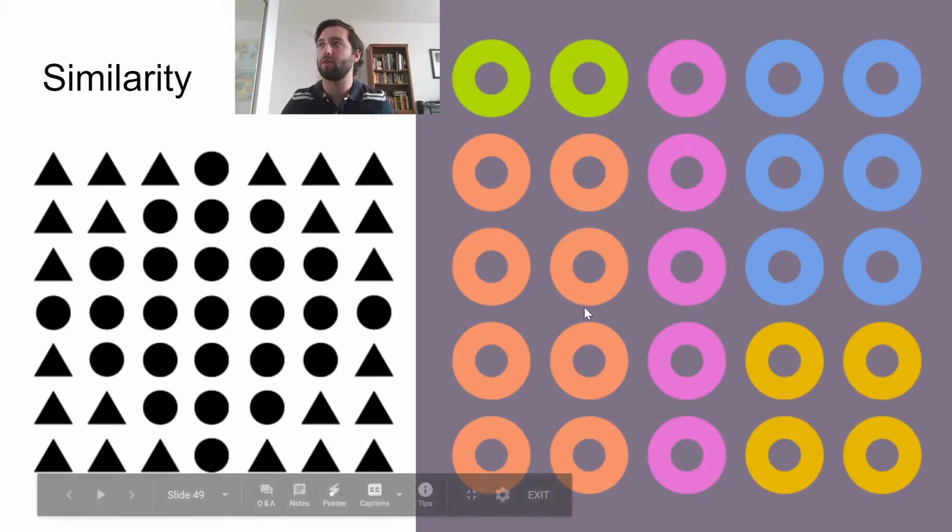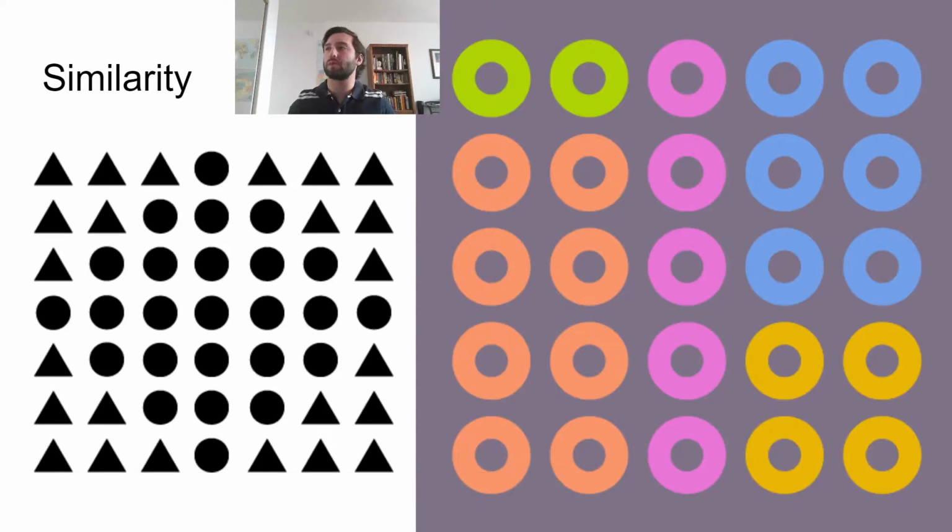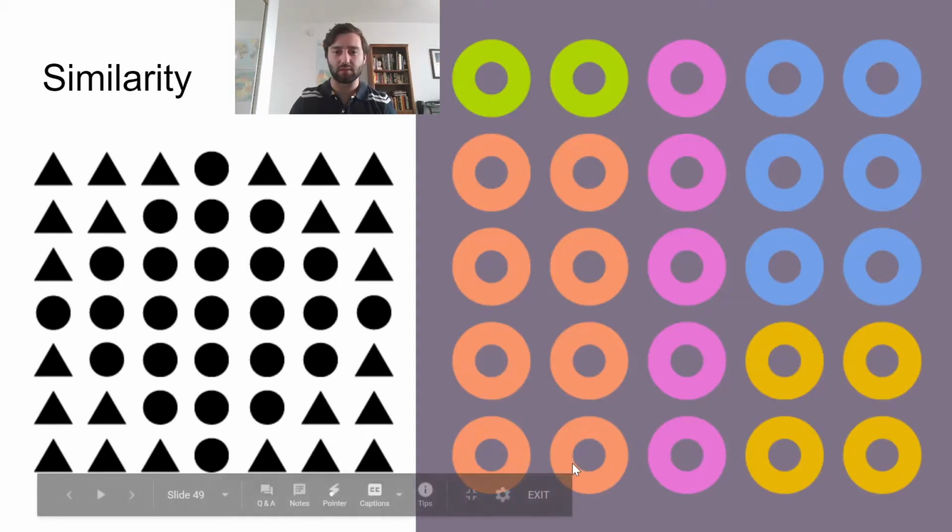Now we can do the same thing over here on this side. So if I asked you again, how many groups are there in that image, and how would you group them together? What you're probably going to say, unless you're maybe colorblind here, is that this is one group here, this is one group here, this is a group here, this is a group here, and this is one here. Right, so we got 1, 2, 3, 4, and 5 groups.